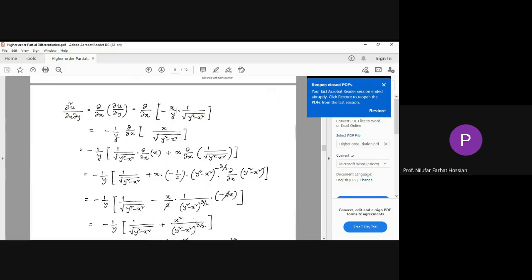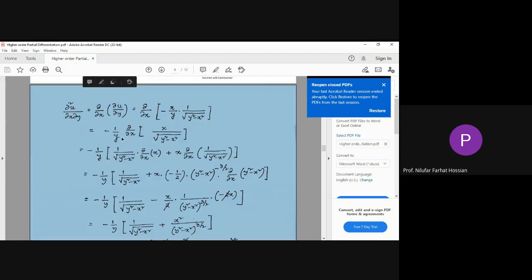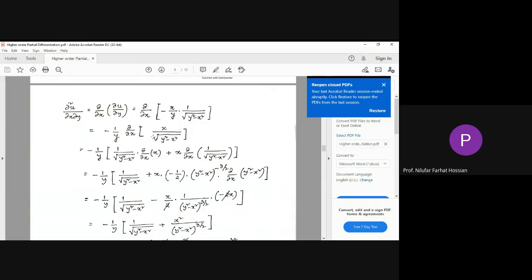So you see here 1 over y is a constant factor, so it can be separated from this x. That's why you can take this minus 1 over y outside the derivative. So it will be minus 1 by y del x of x divided by root over y square minus x square.